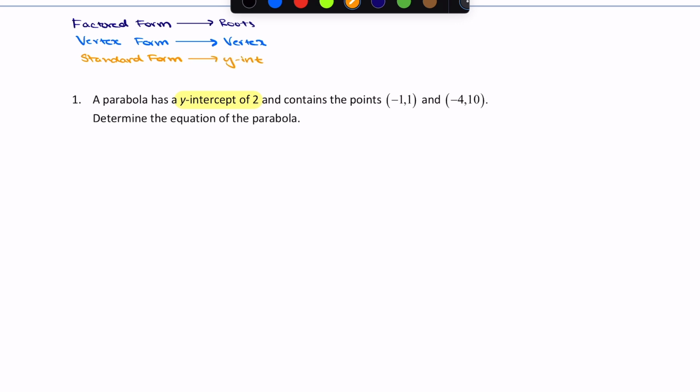And that's unique for each of the different quadratic forms that we're looking at. So here, the parabola has a y-intercept of 2, which means that here we're going to use standard form.